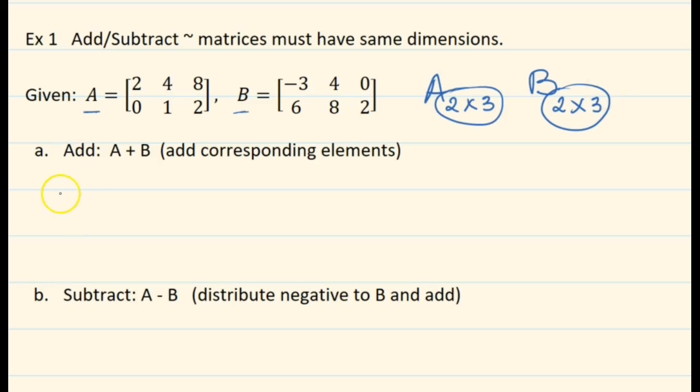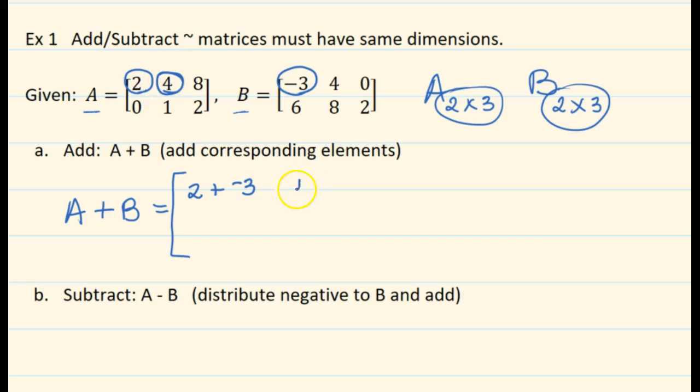In order to add them, think about adding corresponding parts. In other words, the first position of A is a 2, and I'm going to add the first position in B, a negative 3. In the first row, second column, there is a 4 and another 4.